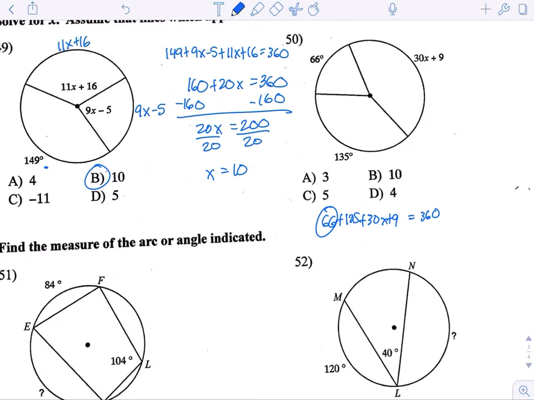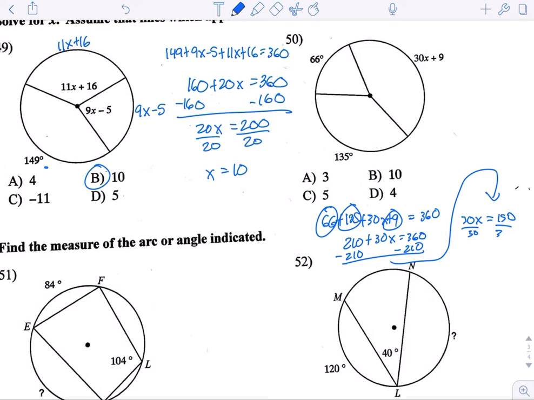So we can combine 66, 135, and 9, you guys, and that is going to combine to be 210 plus 30x is equal to 360. Let's isolate the x, so let's subtract 210 from both sides. 30x is going to equal 150, divide both sides by 30, x is equal to 5, C.